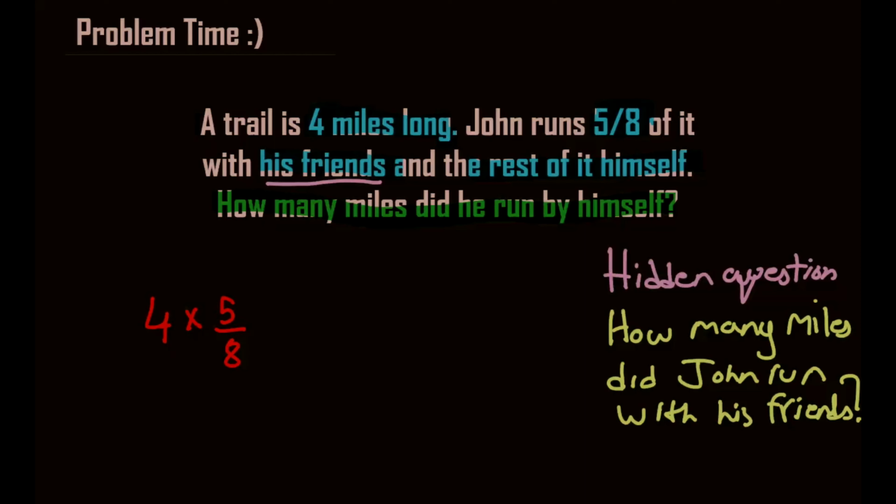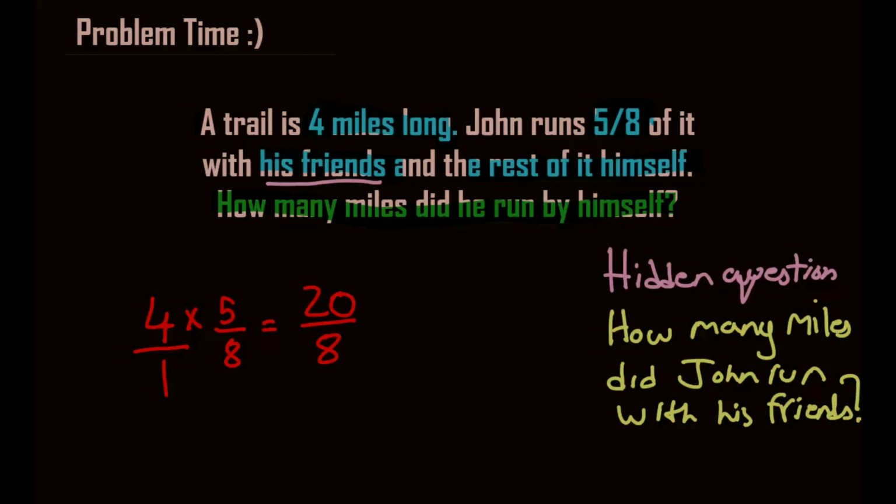First off, we turn 4 into 4/1, so we have a fraction on both sides. Now we just multiply: 4 times 5 is 20, and 8 times 1 is 8. You can cross multiply if you want to, but I like doing it this way and then reducing it. It just seems a bit easier and less complicated.